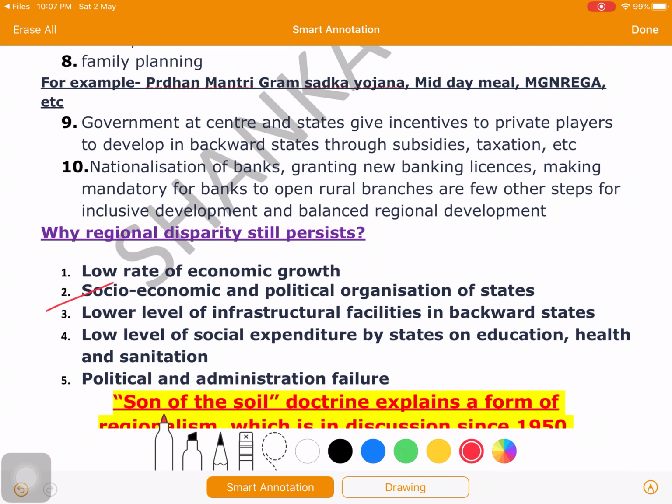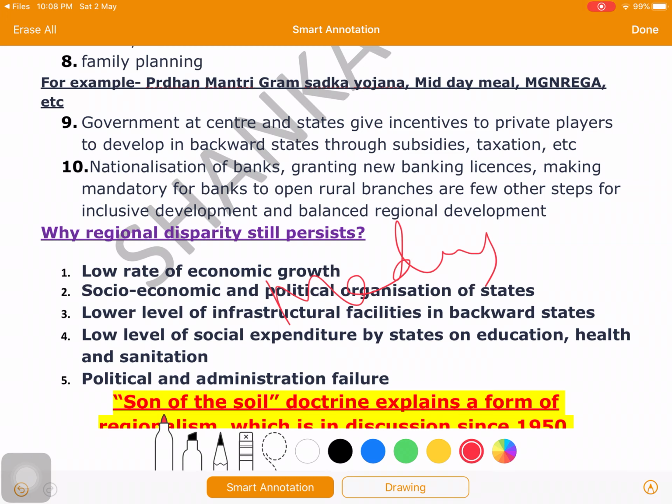And then comes the third one, the lower level of infrastructural facilities in backward states. The level of infrastructural development such as power distribution, irrigational facilities, road infrastructure development, and modern markets for agricultural produce was totally in the backstage.